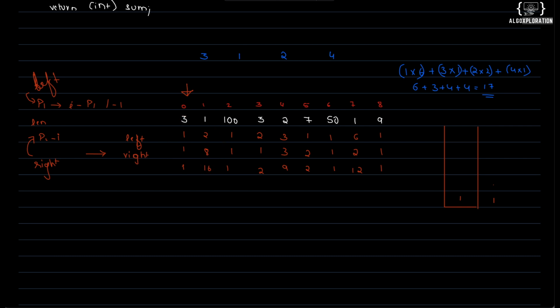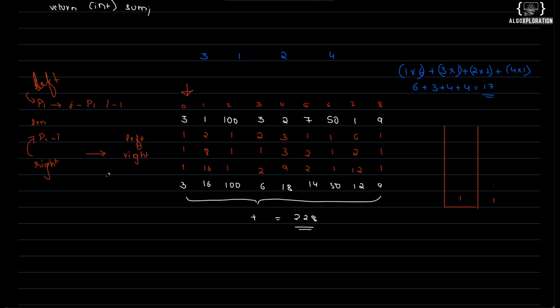So if I do this, it will be 3, 16, 100, 6, 18, 14, 50, 12, and this is 9. And if I do the sum of all this, the answer that I will be getting is, I believe, 232. No, sorry, 228. Even though I did it in a rough way, I believe it is 228 only.